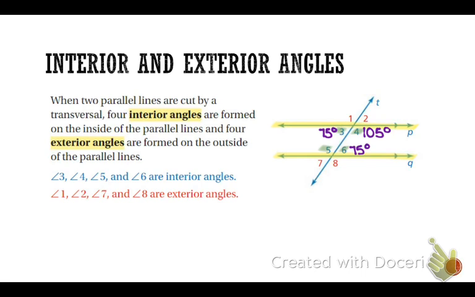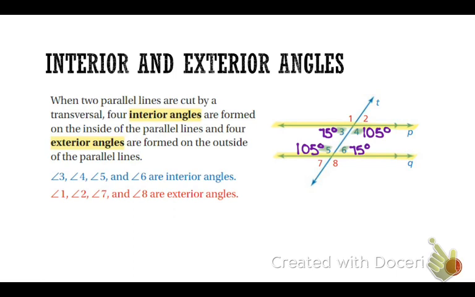So because 4 is 105, 5 will be 105. And also 5 is 105 because it's supplementary to 6. So you see, guys, there's going to be more than one reason how you can connect these together. Alternate interior angles is just another relationship that we can claim. Here's my reason why, and we can use it.